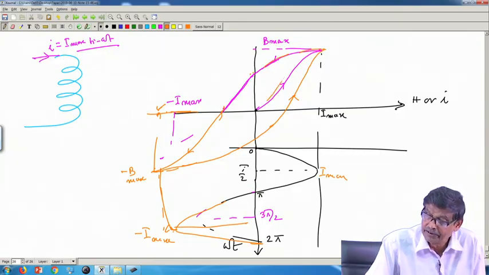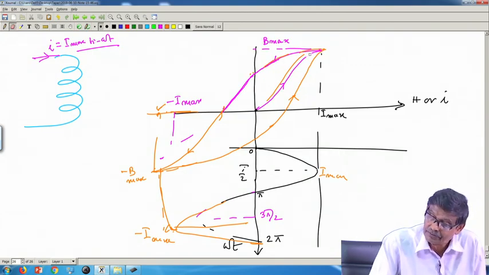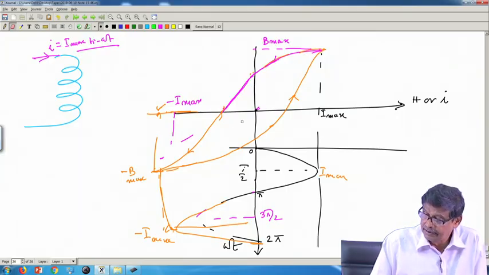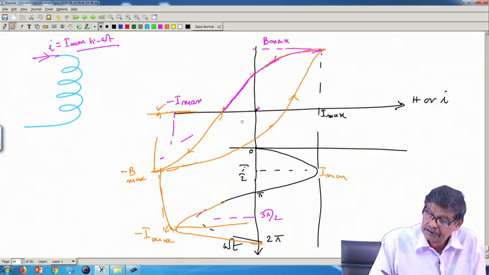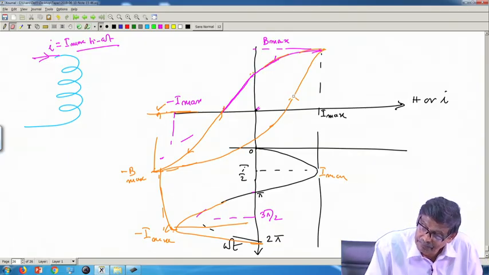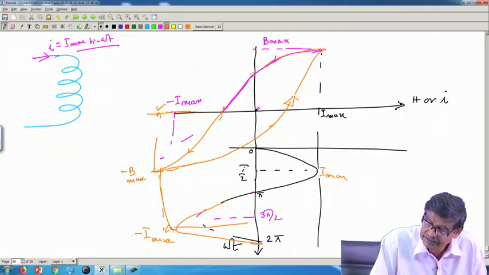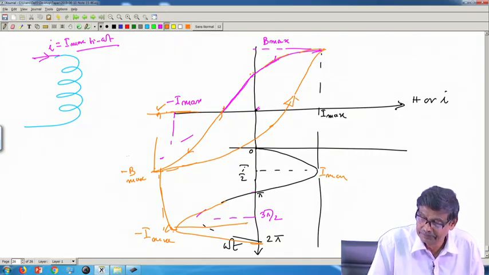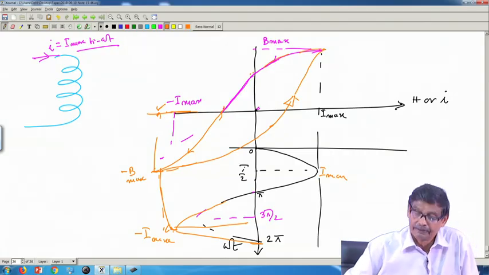So, this part, this initial part is of no consequence now, except after the first quarter. After that, as current changes, the locus of BH values will become confined here, here only. It will trace like this, go, go, go, go, like that.